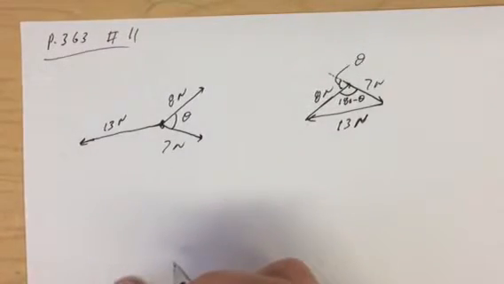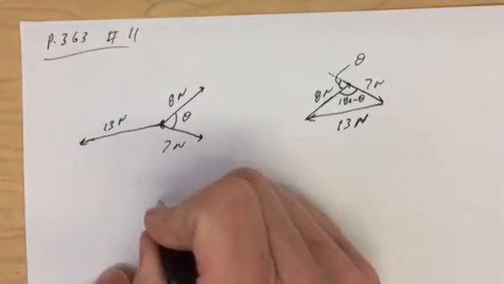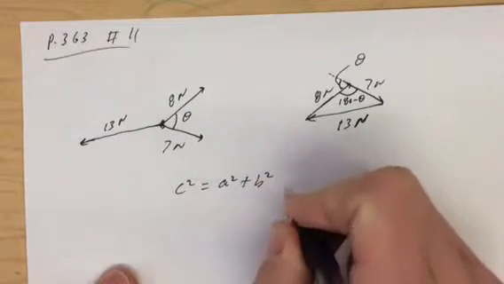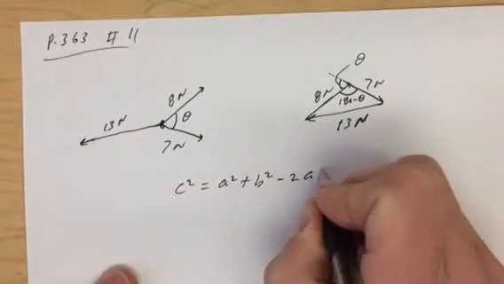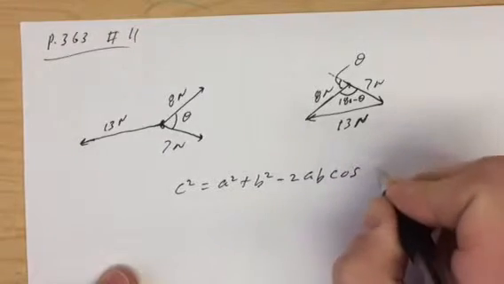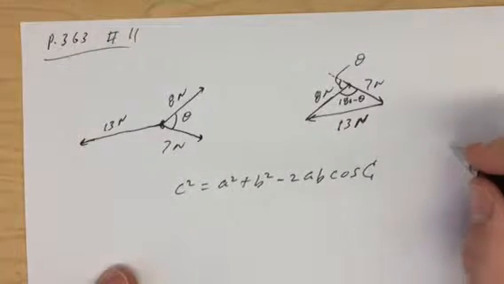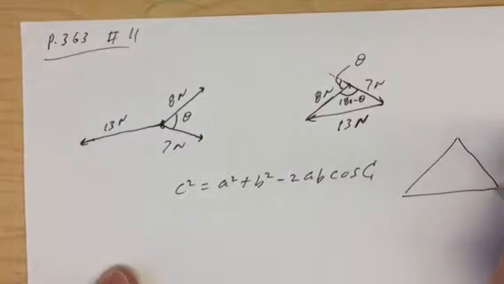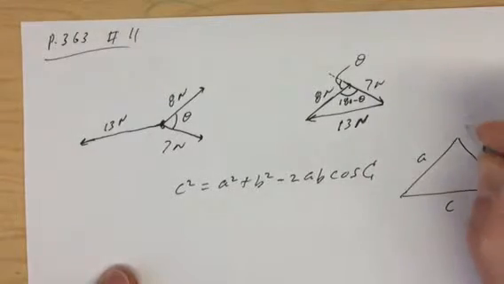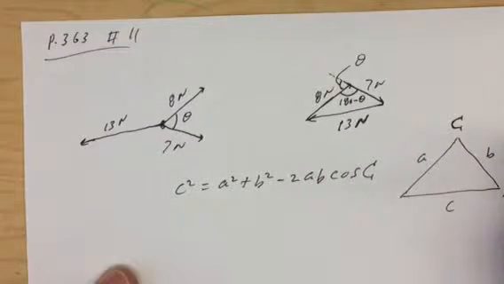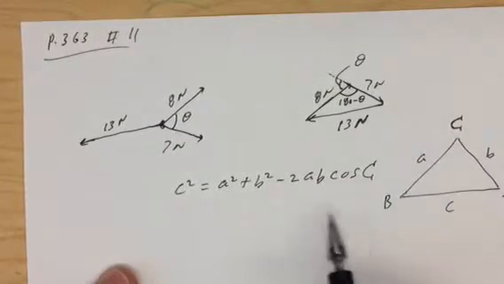Okay, we'd use the cosine law for this. So the cosine law is c squared equals a squared plus b squared minus 2ab cos angle c. So this is the angle that is contained between the 2 given sides. So if the triangle looks like this, okay, and a, b, and c are there, then there is angle c, angle A, angle B. Okay, so this is how you'd apply the cosine law to this triangle.